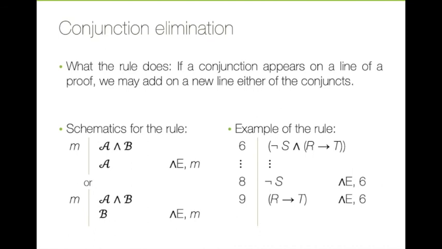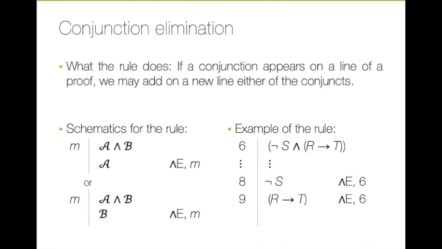We see the parts of the proof where the sentence not S and if R then T appears on line 6. The conjunction elimination rule allows us on later lines to add the conjunct not S as a new sentence on some line of the proof. And so not S was added on line 8.